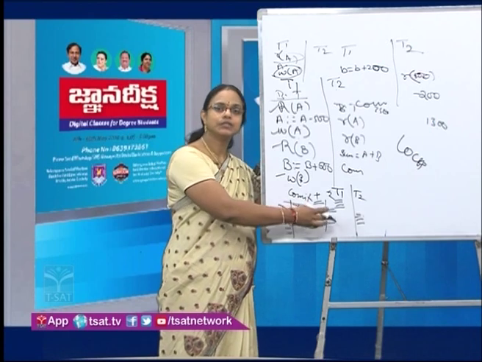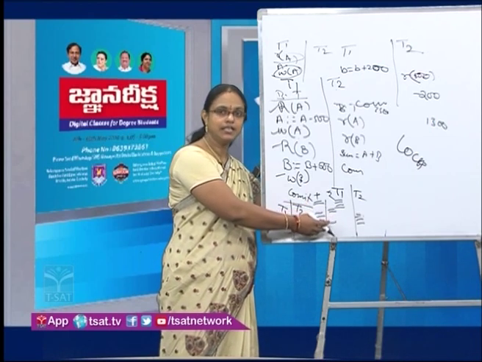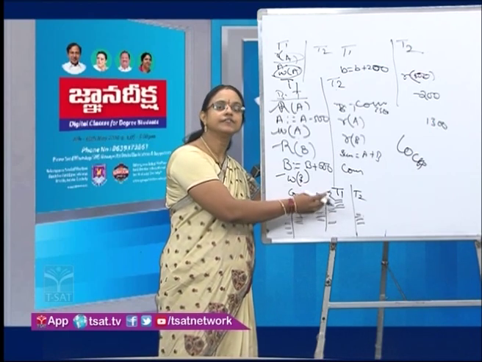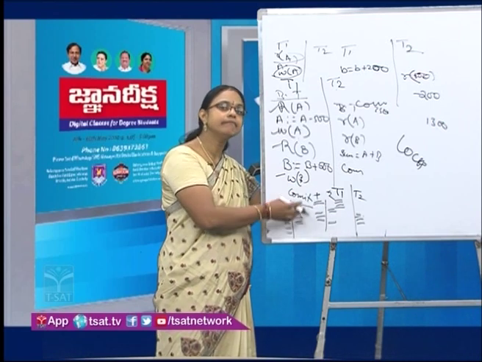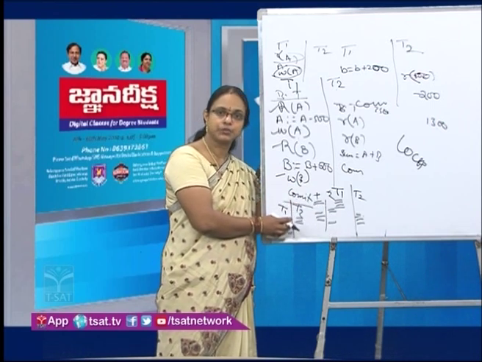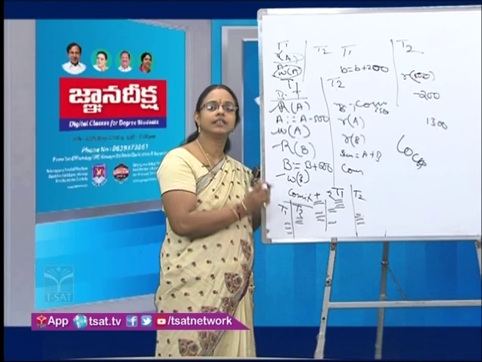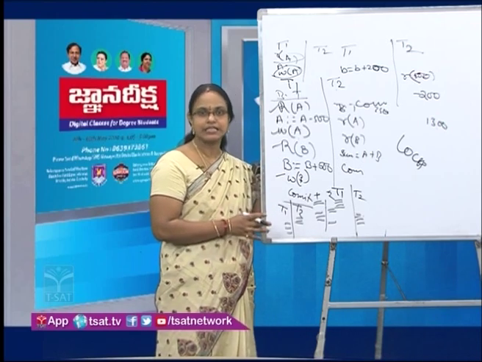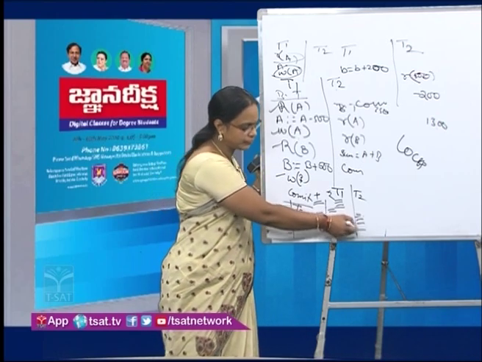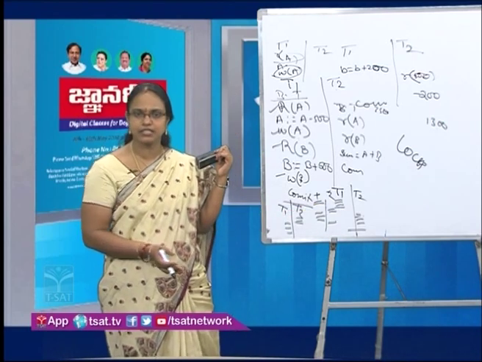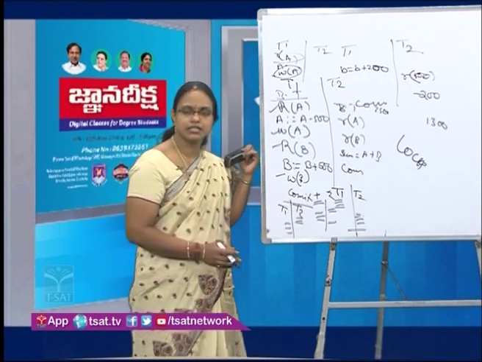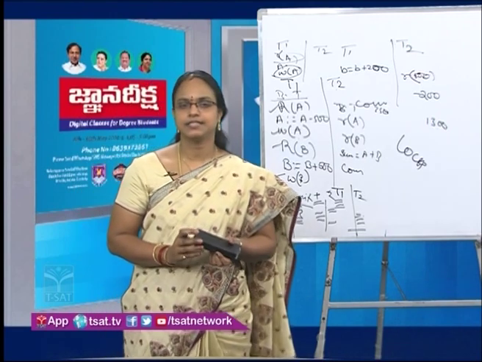Though we execute the transactions concurrently, if the final result of this execution is the same as the serial execution of transactions, we call it serializability.